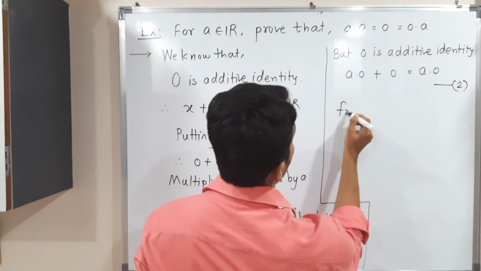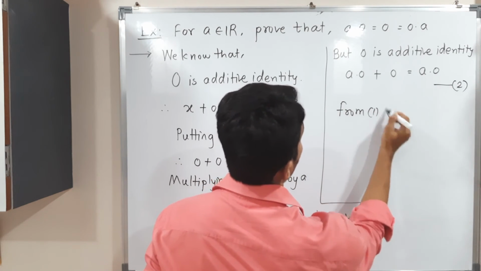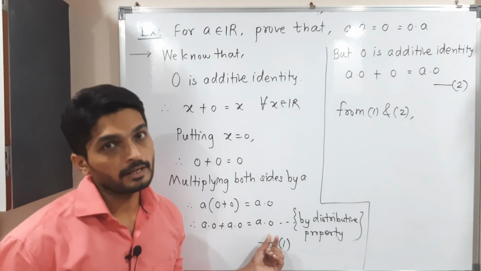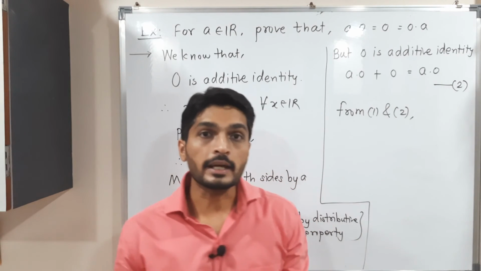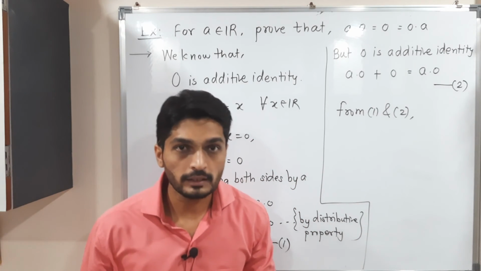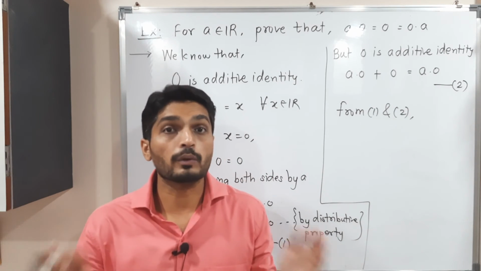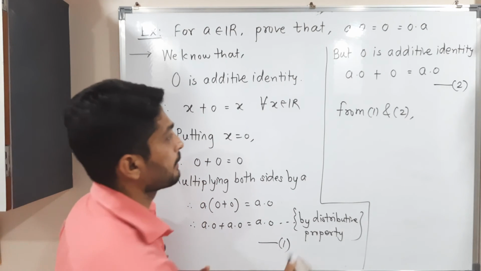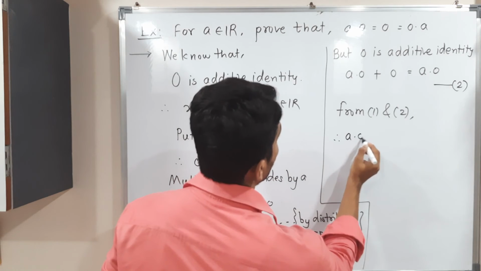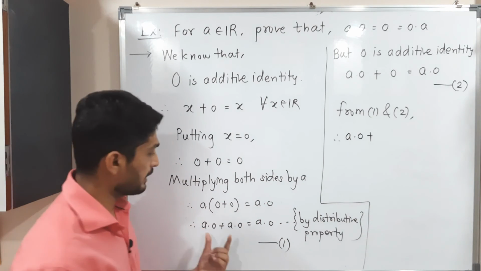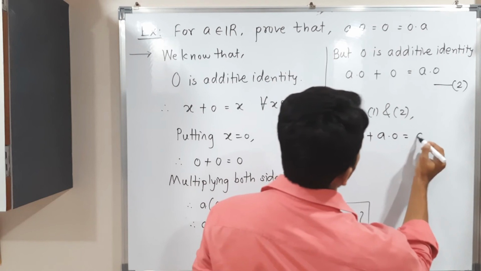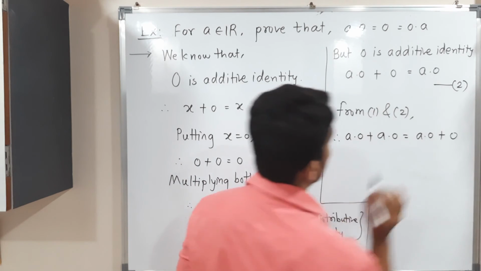Now from 1 and 2, tell me what can we write? What is the right hand side? a into 0. What is the right hand side? a into 0. That means both equations have the same right hand side. So therefore we can say the left hand sides are also the same. So a into 0 plus a into 0 is equal to a into 0 plus 0.